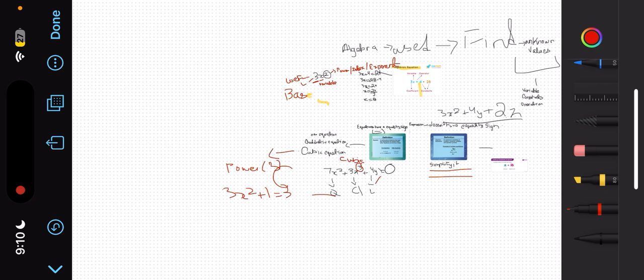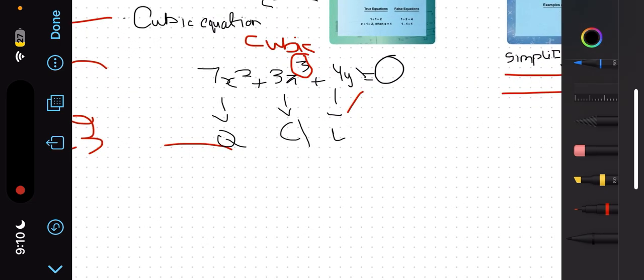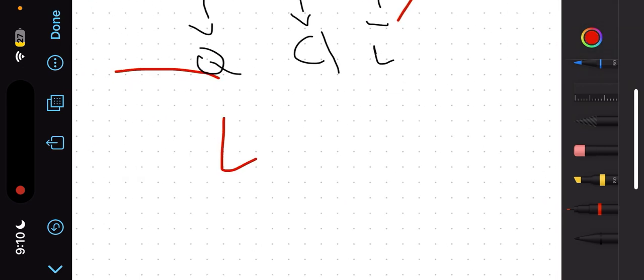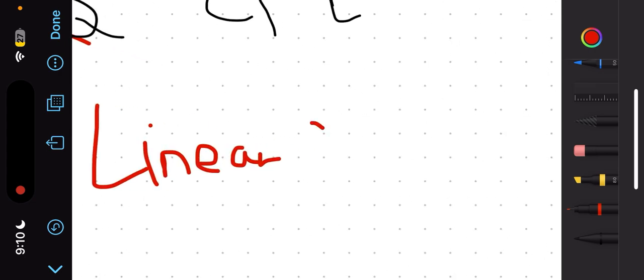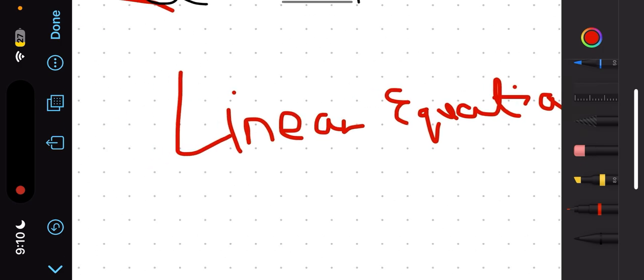Now let's come to the advanced topic, something difficult. We will be discussing linear equation. I have a question here.